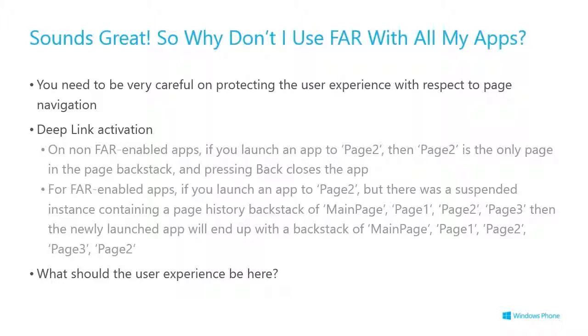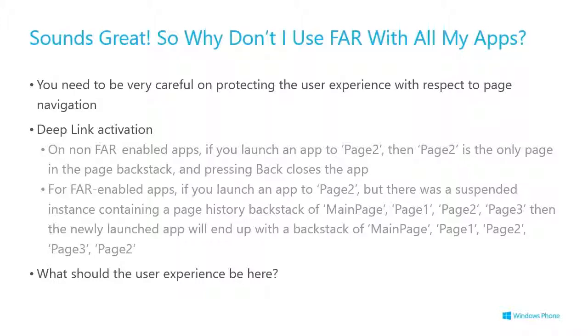And that's fine, but when the user launches an application from the program menu, it's going to launch into the main page. So you potentially end up with this wacky page history stack, because they might have been on page 1, page 2 when it was suspended, and on a normal reactivation from dormant, it would come back on page 2.